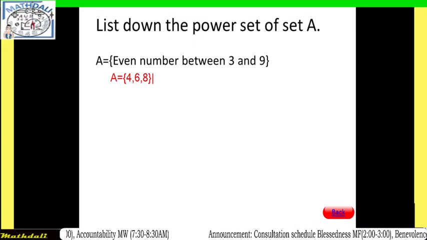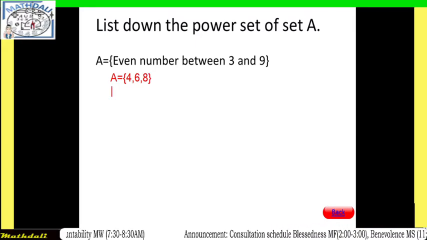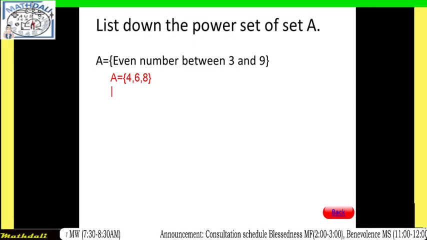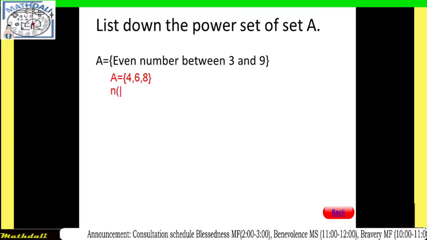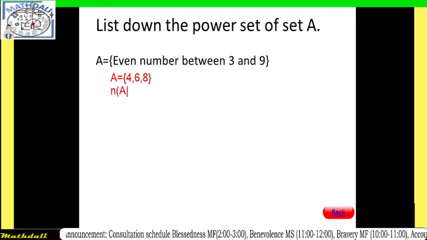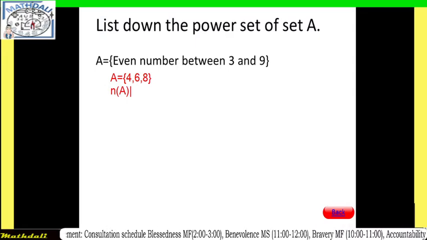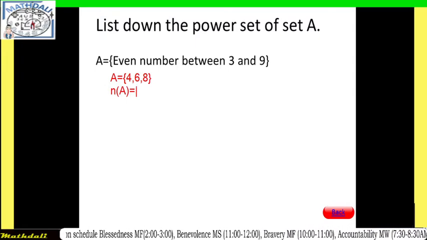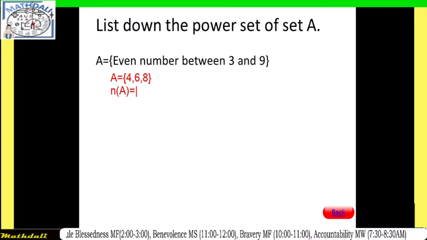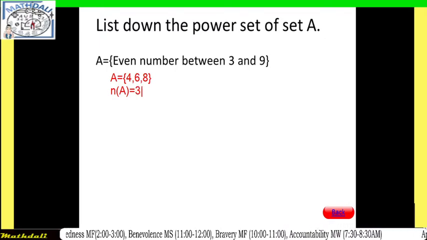Next, let's identify the cardinal number of set A. The cardinal number of set A will be equal to how many elements set A has. If we count the elements or objects in set A, that is equal to 3.